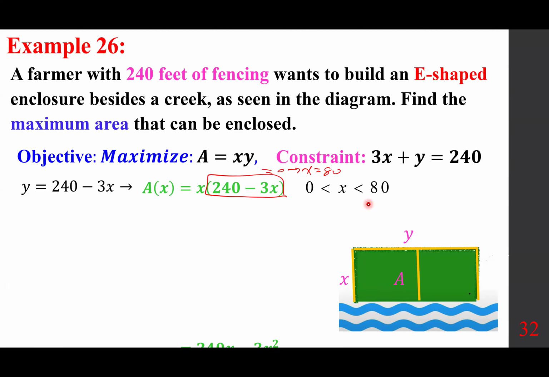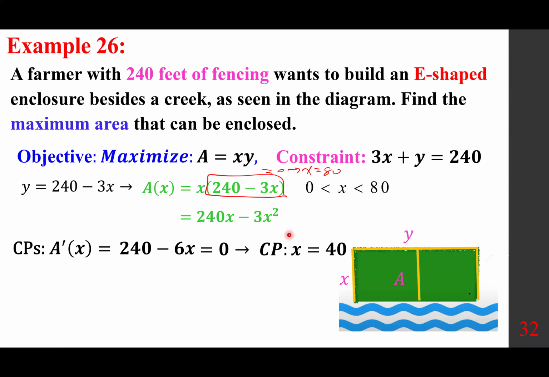We are going to distribute to get it ready for critical points. So we are going to go with differentiation, 240 minus 6x. In order to find the critical point, set it equal to 0, x becomes 40. So we have an open interval with only one critical point in between.